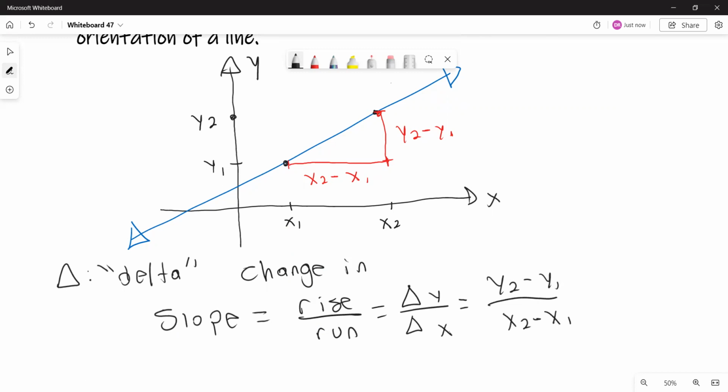So I'm going to copy the definition of a slope. And that's denoted with the letter m.